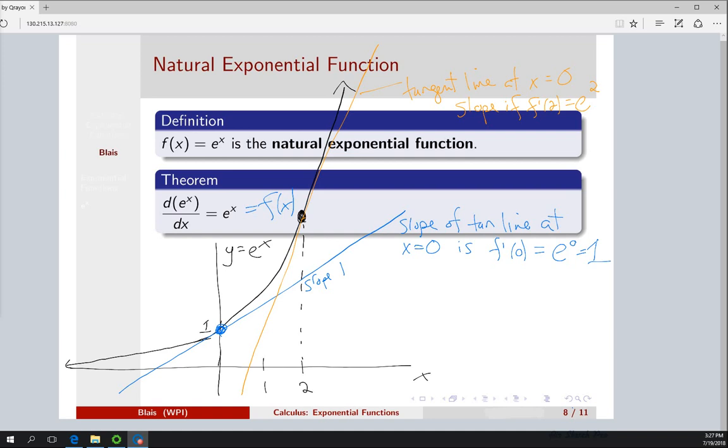And what's neat is that's actually also the y value. So the value of the function at any point is also the slope of the tangent line to the function at that point. This is what graphically it means for this derivative of e to the x to be itself, e to the x. This function comes up in many different contexts in calculus and in applications. This is a very, very common function.